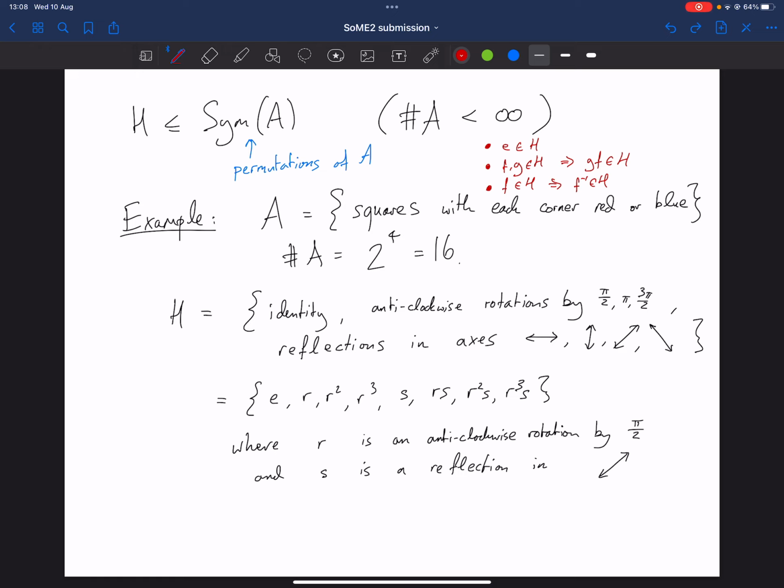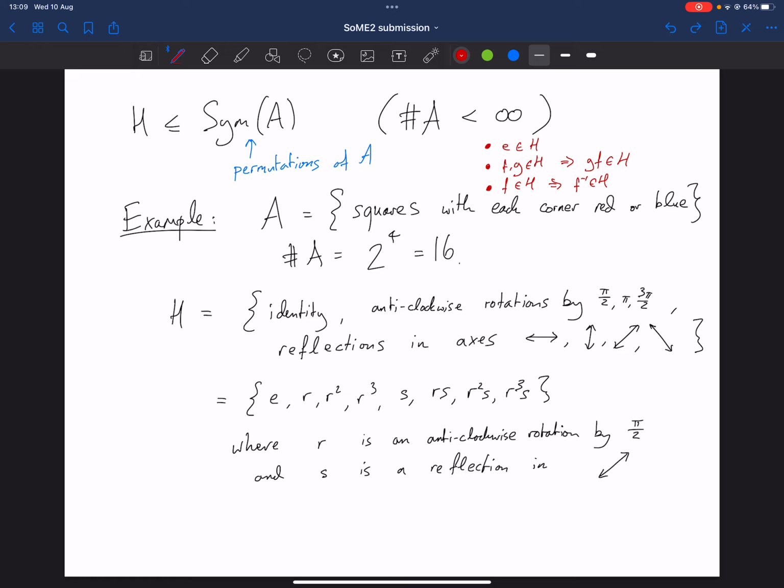So our 8 permutations in H are the identity permutation, what we get by rotating all of the squares a quarter turn or a half turn or a 3/4 turn, and then also the reflections in these 4 axes here.